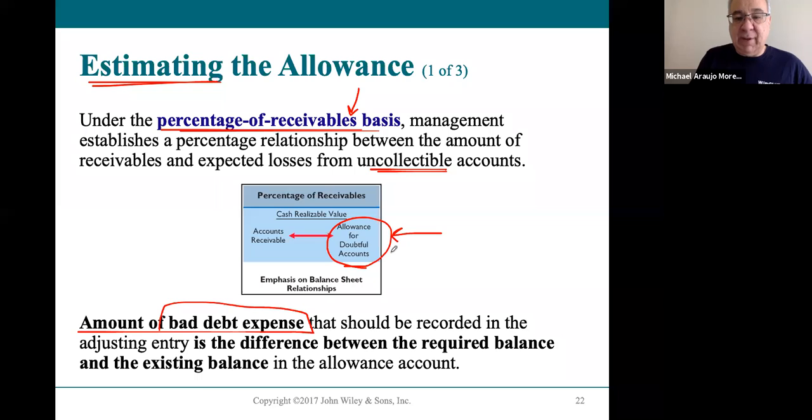They do that every year. Well, maybe there's still some leftover balance in the allowance account. So they can only really write off the difference between what they want it to be, which is the required balance, and what's actually already in there. They can only write off the difference, and that's what you're going to see happening.